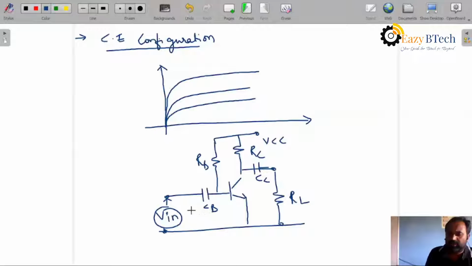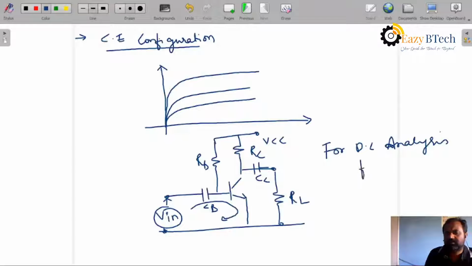Now, to write the input equations for DC analysis, the frequency is 0. Xc is equal to 1 by j omega c, which is 1 by 2 pi f c. With frequency 0, it is 1 by 0, which is infinity.